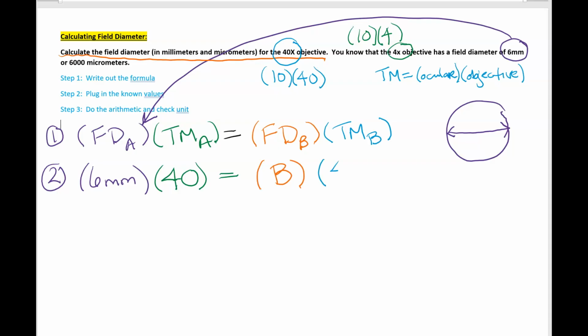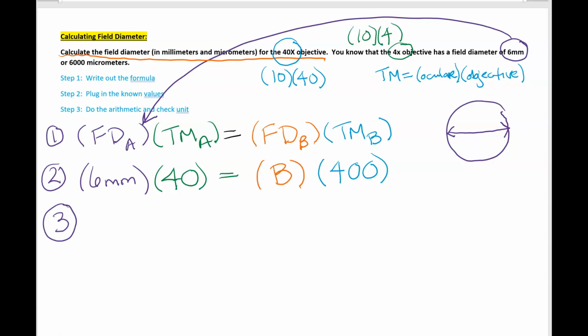So the total magnification of lens B is 400. And that's probably the most difficult part, is figuring out just how to set up the equation. So make sure you practice that and you know what the formula is. And then we can go on to step 3.